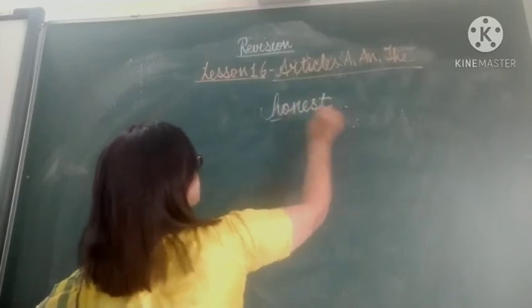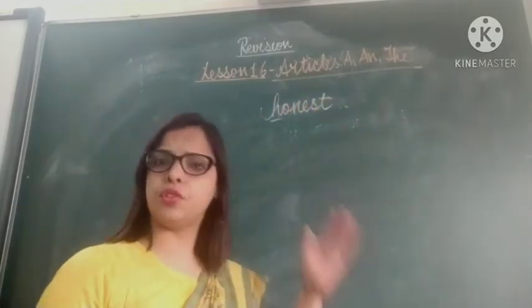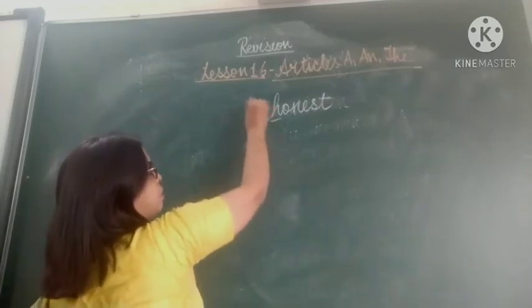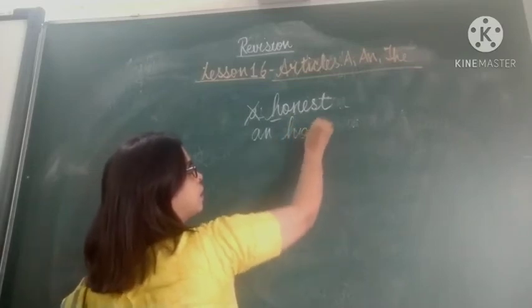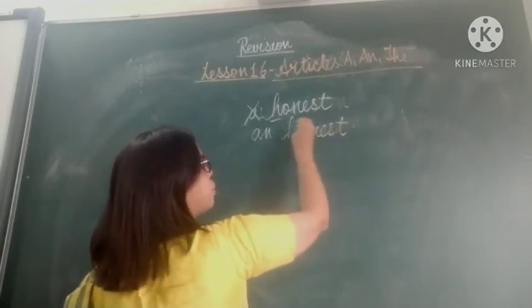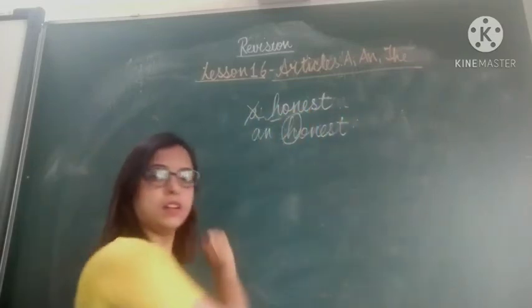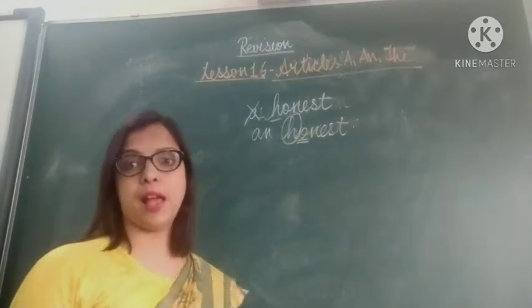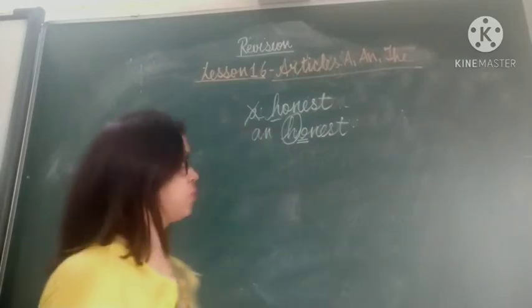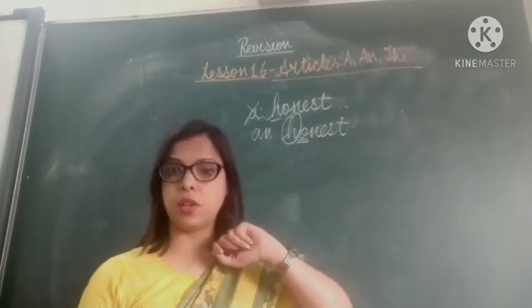See, it is starting with H, right? So we should write a honest. But we are not writing that, we are writing an honest. Why? Because H is silent here, okay? And it is giving the sound of O. And O is a vowel. That is why we write an honest, okay?